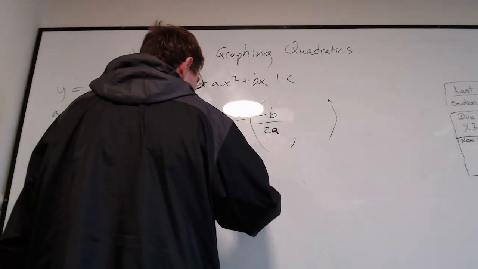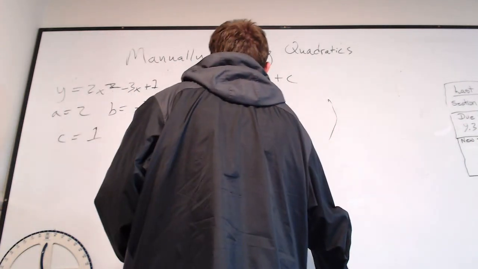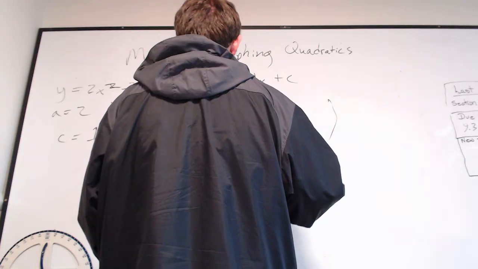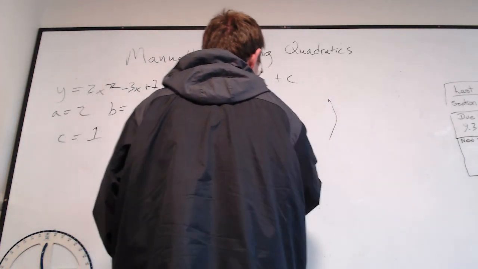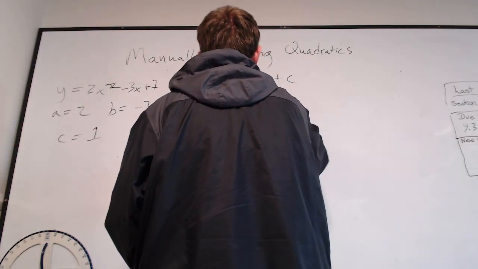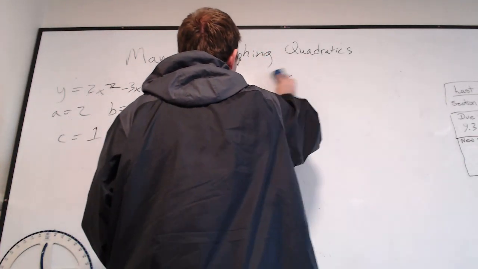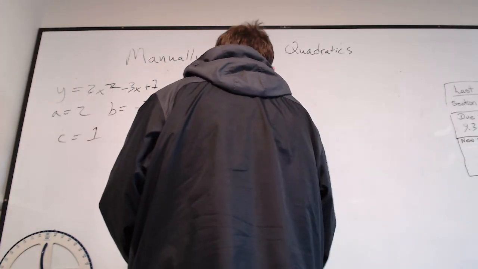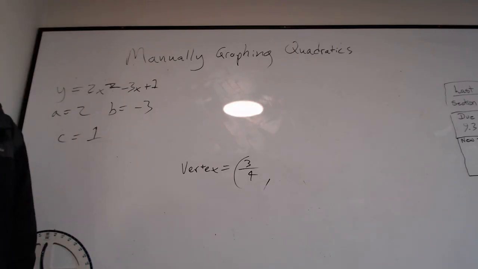Yeah, it's 4. So 3/4 is the x value of the vertex, right? Okay, so for the y value, what would we do?